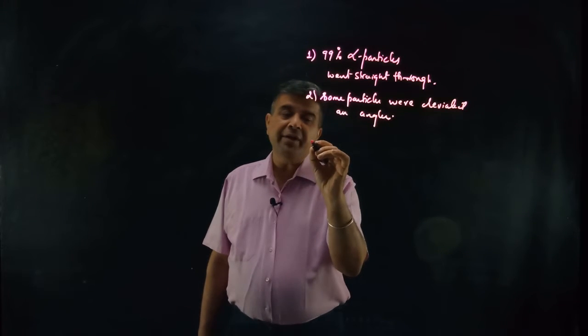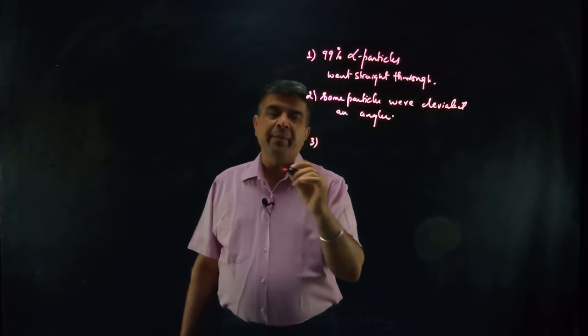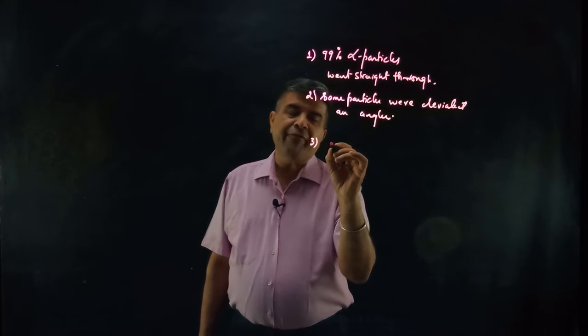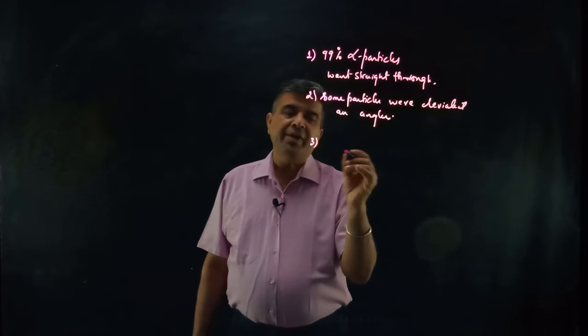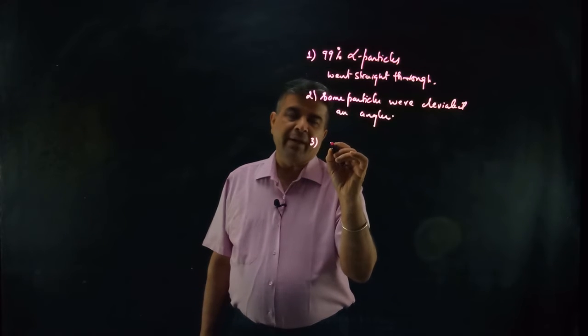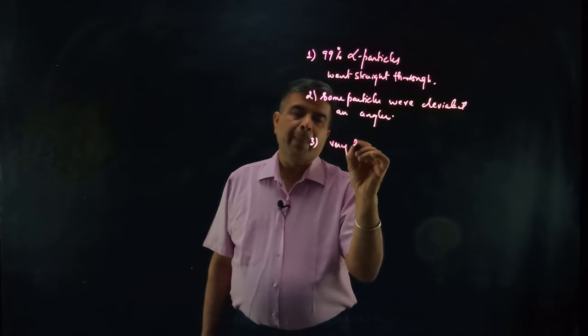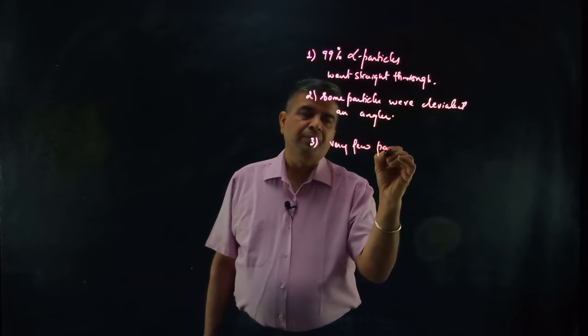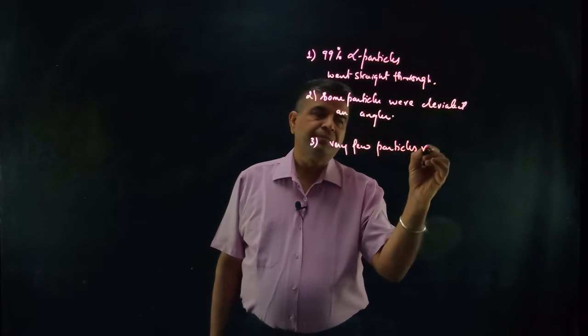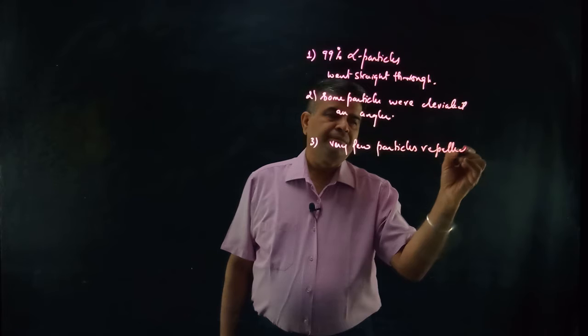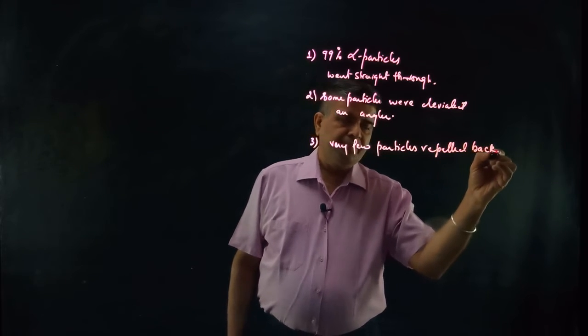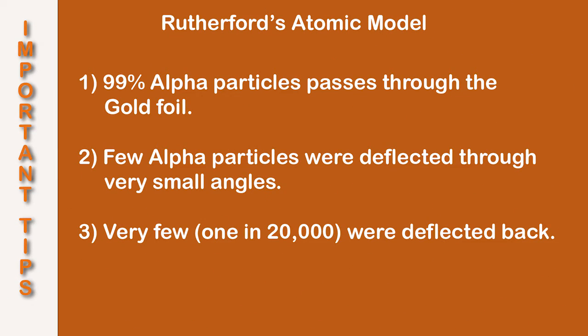And the third conclusion of the experiment was that only very few particles, 1 in 20,000, were repelled back. On your screen, there are the conclusions drawn by Rutherford from the experimental results. You can jot it down or you can take a snapshot of it.